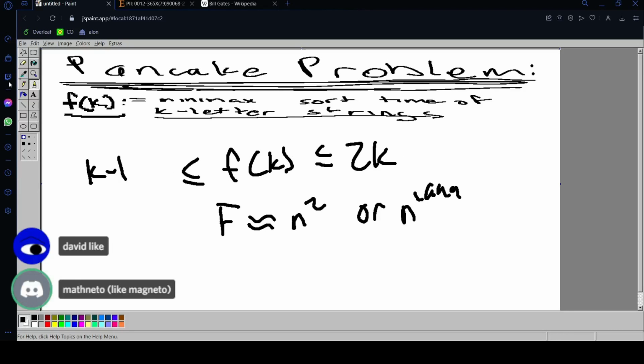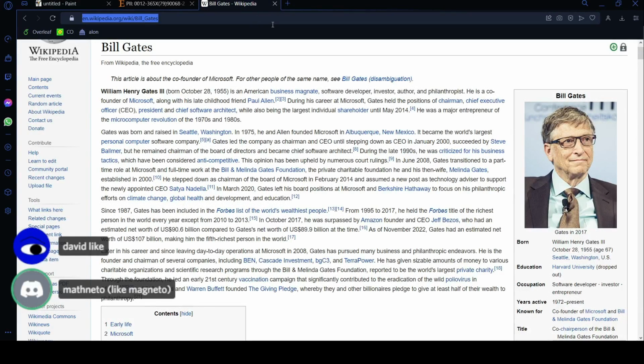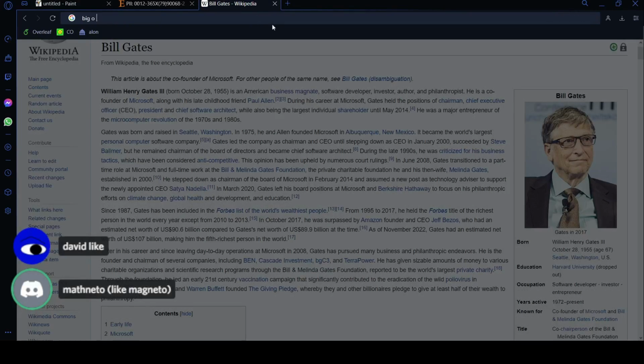But here we know the asymptotic behavior, kind of. Hopefully, does this asymptotic behavior ring a bell? I'll just mention in passing, big O notation.